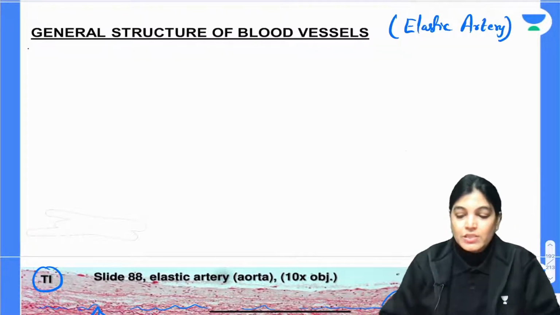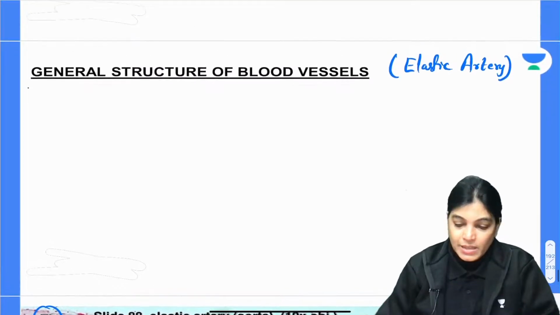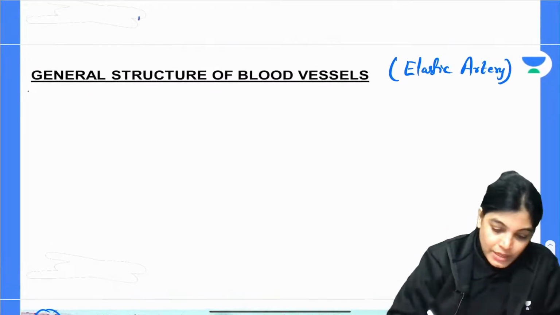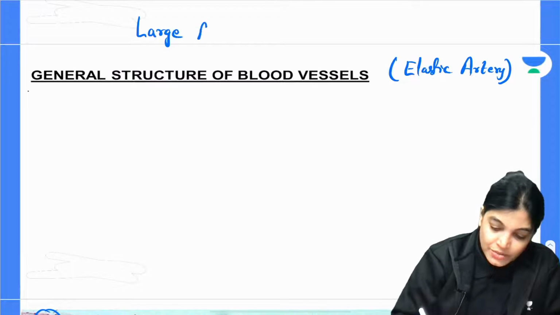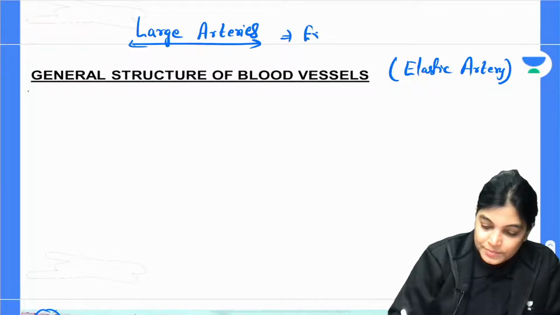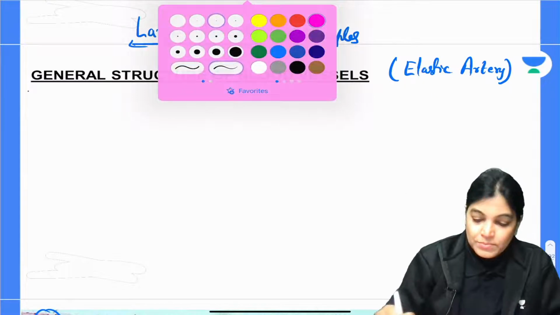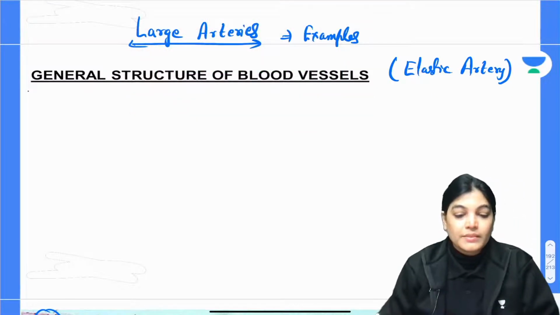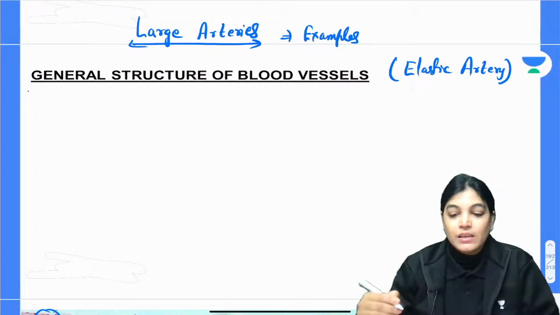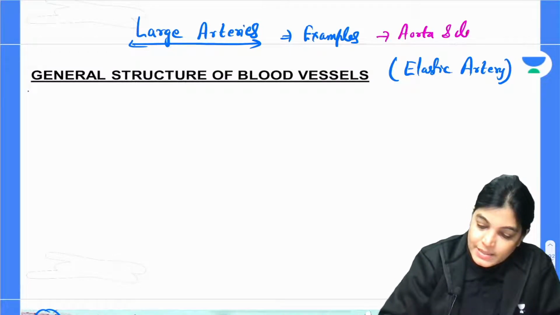The elastic artery is present in large arteries. Can anybody give me an example of large arteries? The examples are the aorta and its branches, the arch of the aorta and its branches.